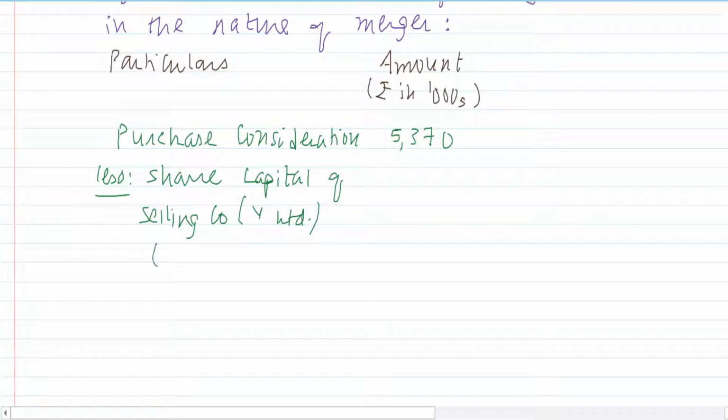Write in brackets if you wish, 3000 plus 1700, so it is 4700. The difference is 670.